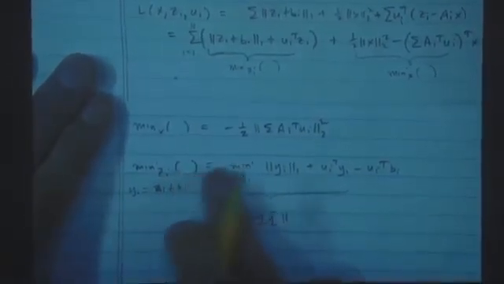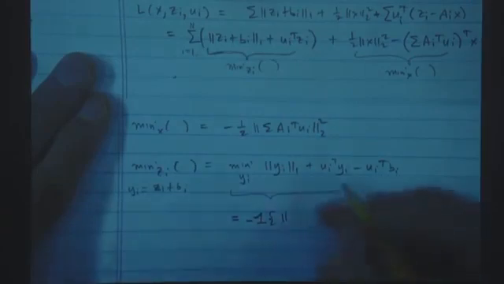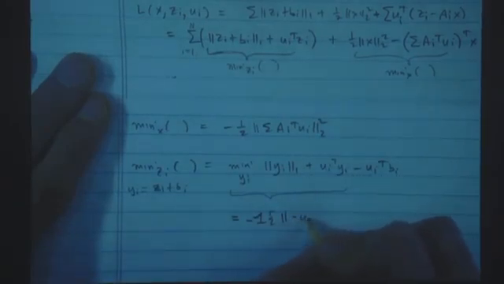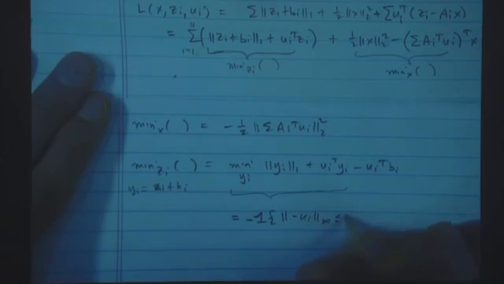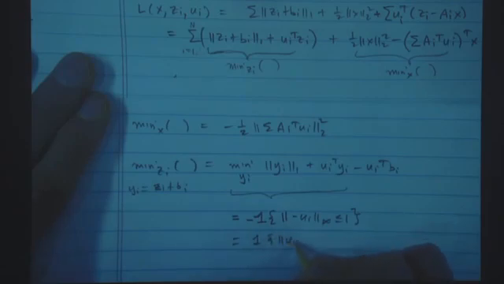So I turned it into the min of minus this quantity, and now instead of ui I have minus ui. The infinity norm is less than or equal to 1. But that's the same thing as the indicator that ui in the infinity norm is less than or equal to 1.